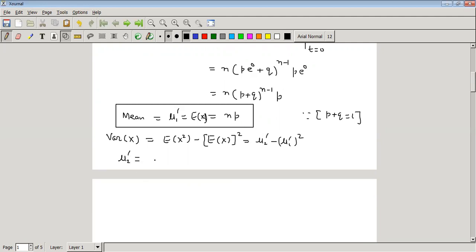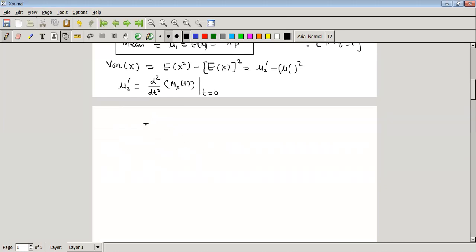For mu2 dash, we double differentiate M_X(t) with respect to t. We find the double derivative of the moment generating function with respect to t at t equal to 0.